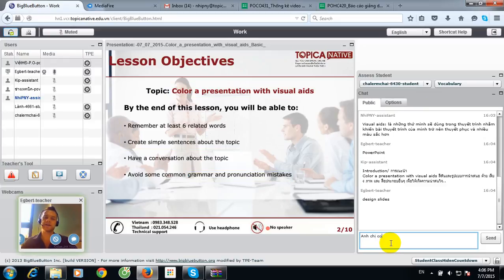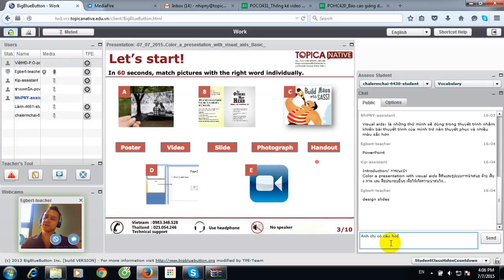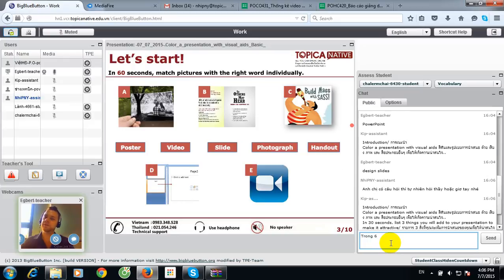Okay, so let's start. And first, I would like us to have a look at these 5 pictures and 5 words. And so we have a poster, a video, a slide, photograph, and handout. So I would like you to match a picture with the right word and make a sentence using that word. So let's start this one with Chalemchai.